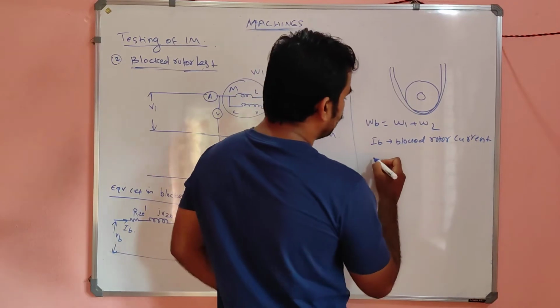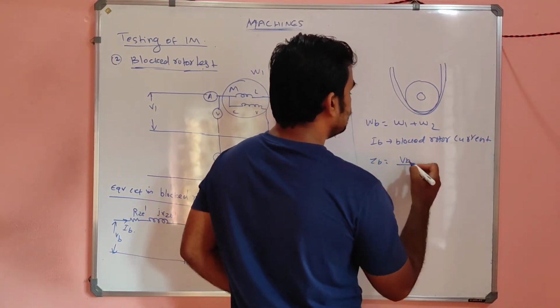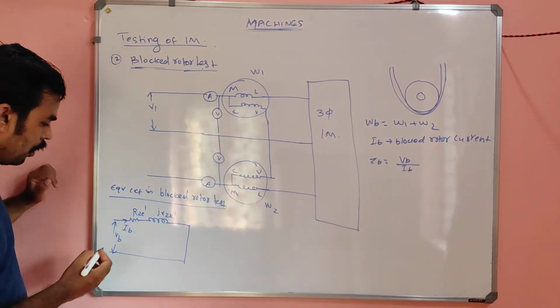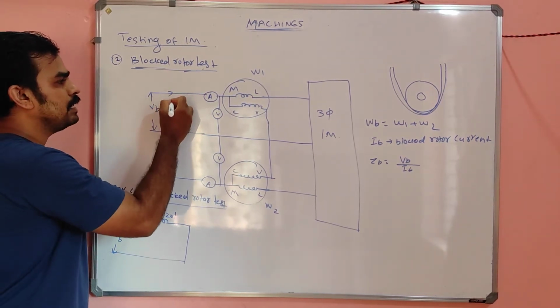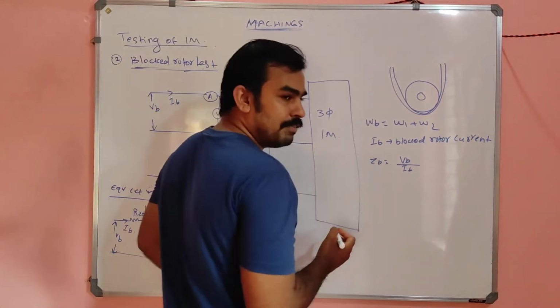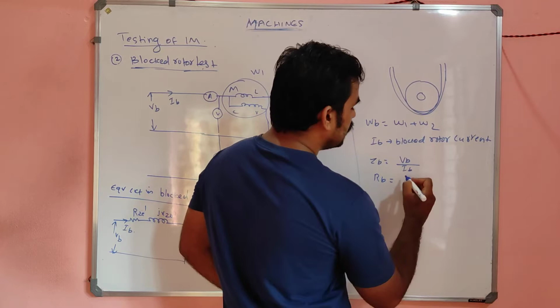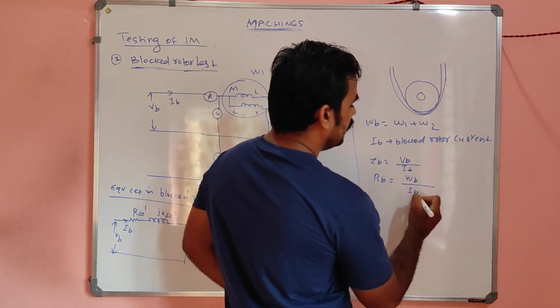Then you can find the value of ZB equal to VB divided by IB, where VB is nothing but the blocked voltage. Now you find the value of ZB, and there is another parameter, RB, which is nothing but WB divided by IB square.